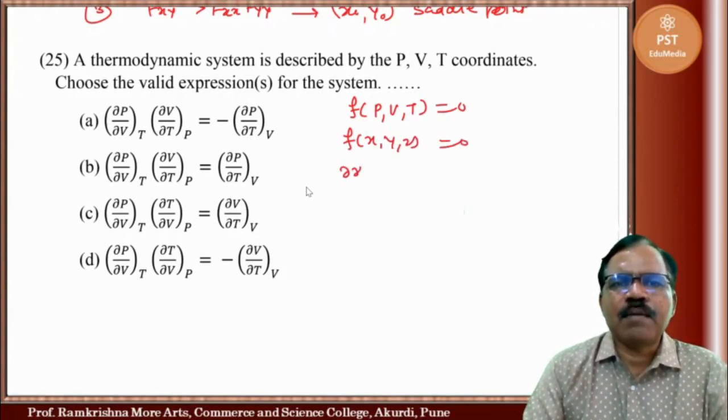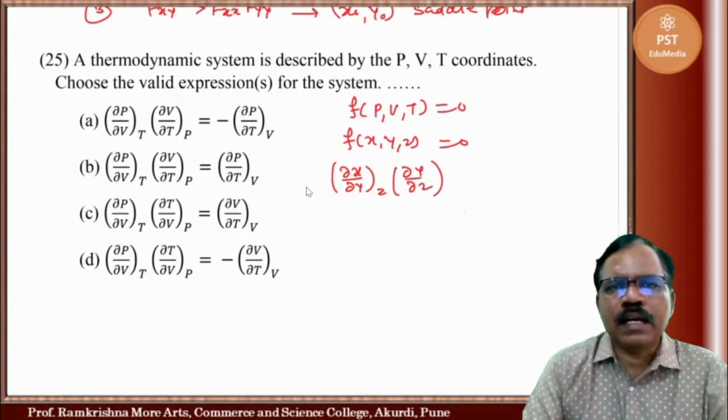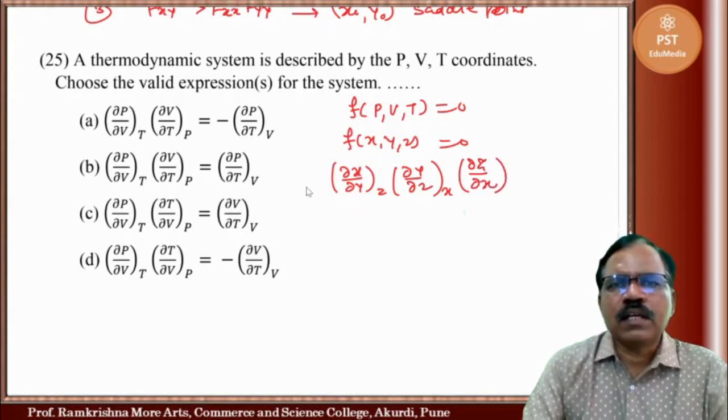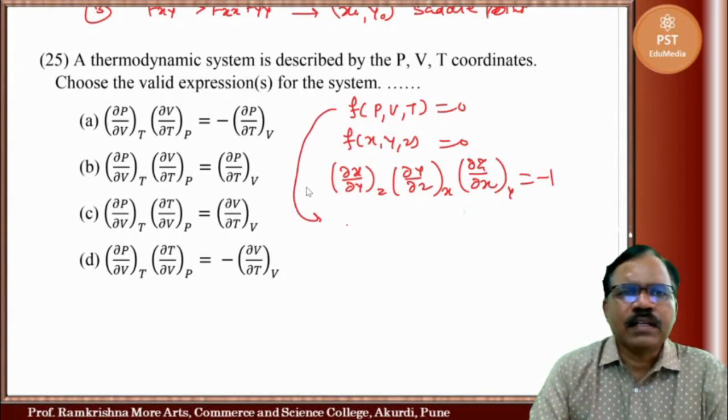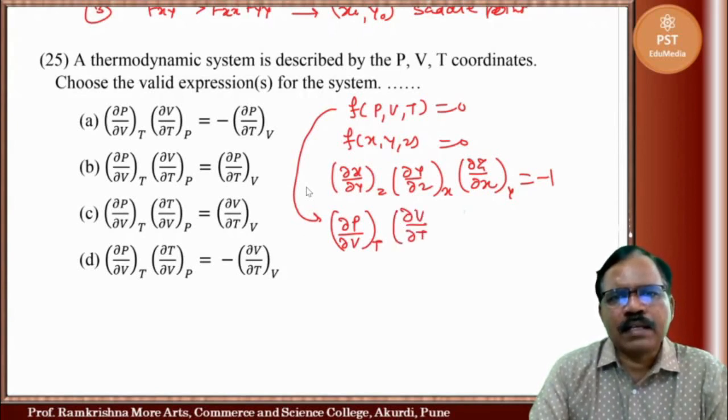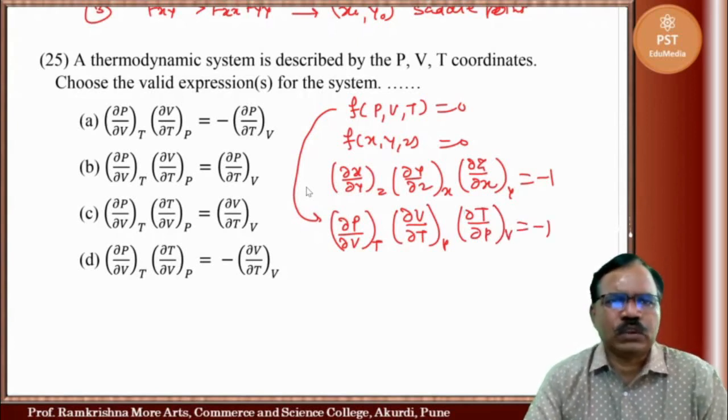Then we get ∂x/∂y at constant z into ∂y/∂z at constant x into ∂z/∂x at constant y is equal to −1. In the same way, you can write ∂P/∂V at constant T into ∂V/∂T at constant P into ∂T/∂P at constant V is equal to −1.